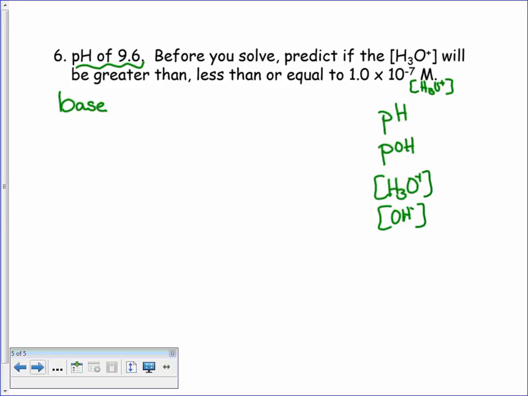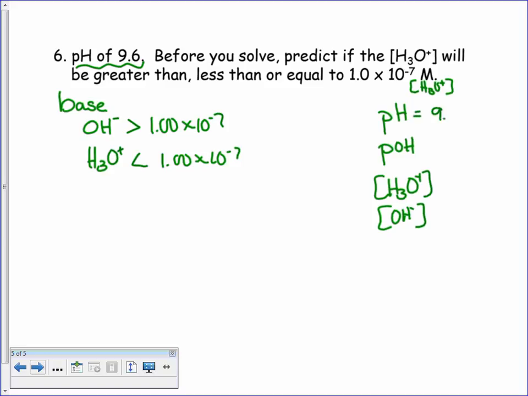And bases are going to have a greater hydroxide concentration than water. So that's going to be greater than 1 times 10 to the negative 7 for hydroxide, which means that the hydronium concentration is going to be less than 1 times 10 to the negative 7. It has less hydronium than water has hydronium.